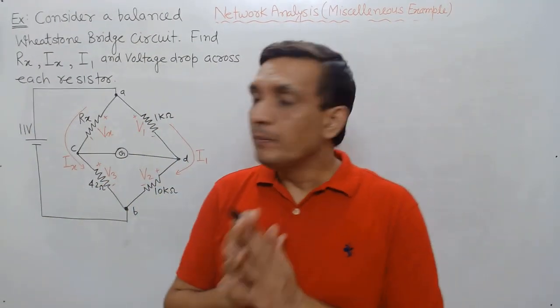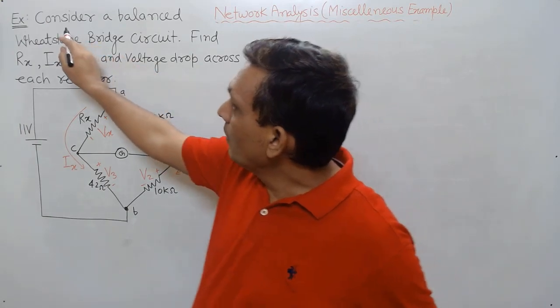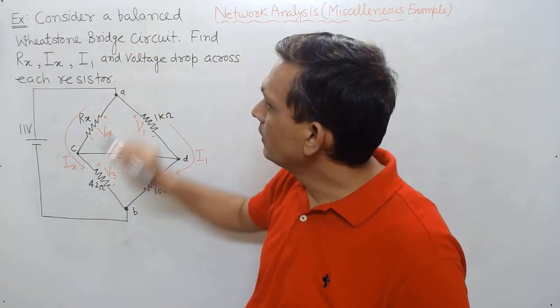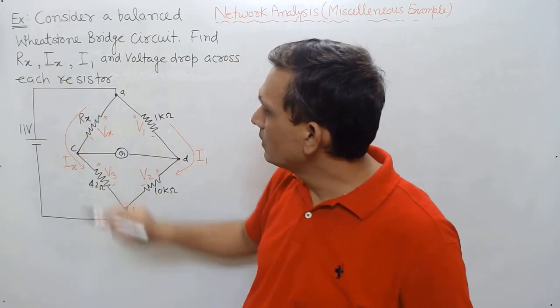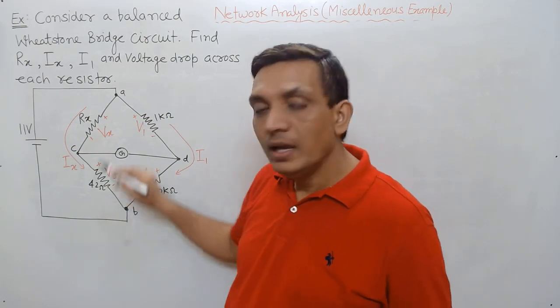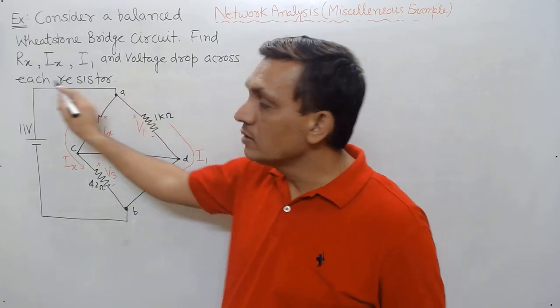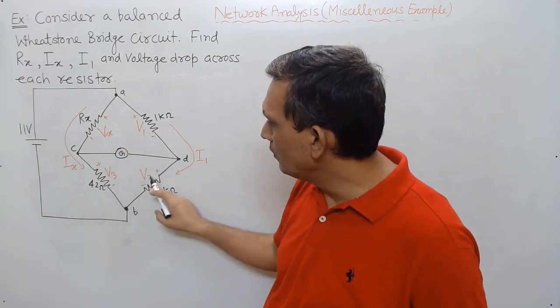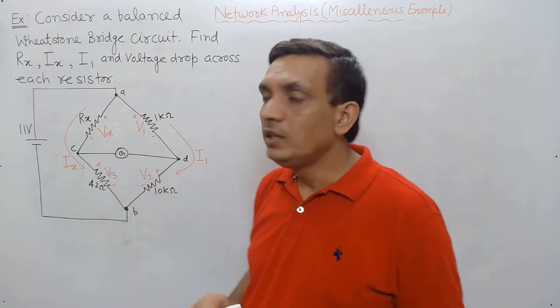So in this example, you have to consider a balanced Wheatstone bridge circuit and then find Rx, current Ix, I1 and voltage drop across each resistor. So that drop is Vx, V1, V2 and V3.